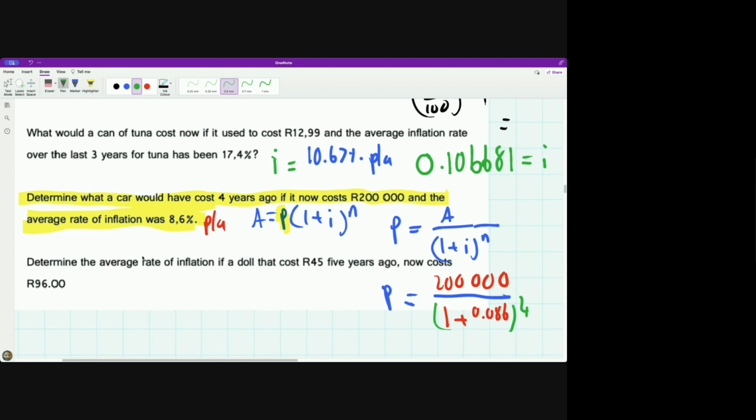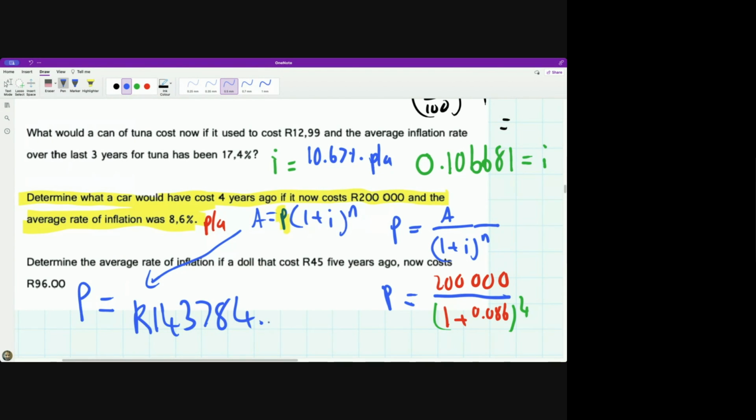What are you getting, everyone? How much did this car cost only 4 years ago? It feels a bit nuts based on what the math says, but the math's not lying. It's 143,784.04.